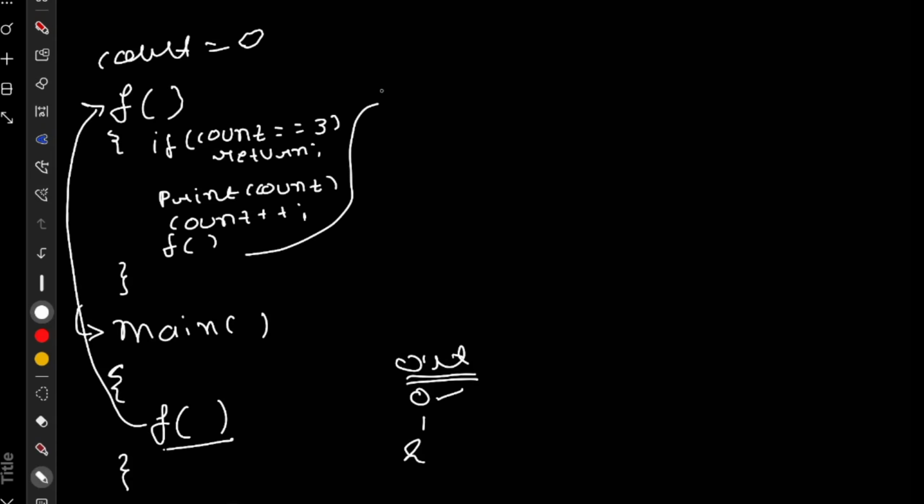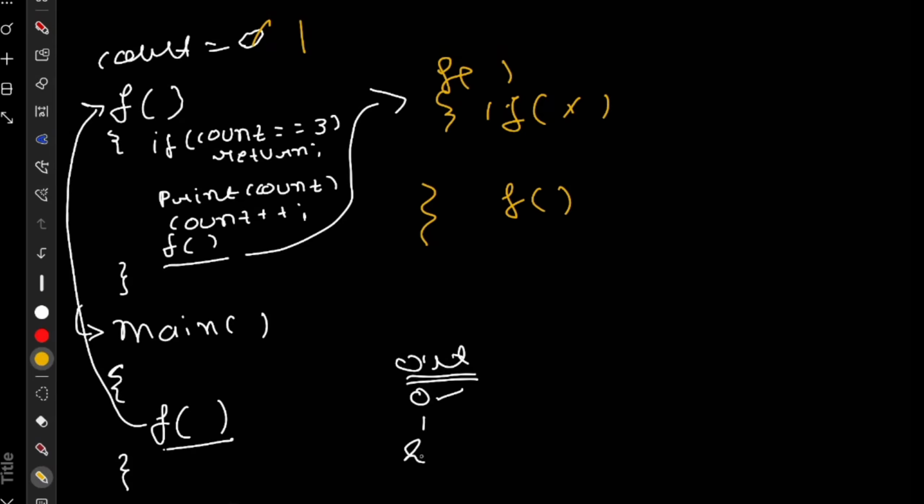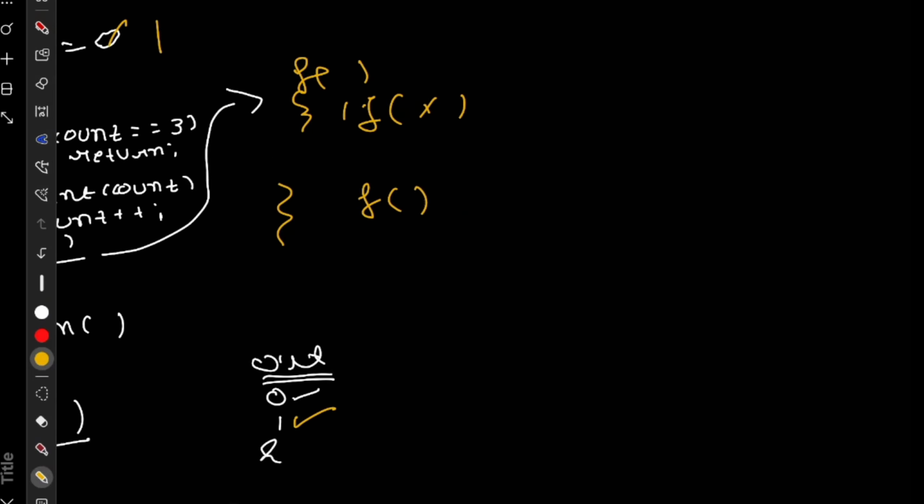When the compiler comes to this line, this function is called again and the same line of code will be executed again. Means f, here the if condition is false, count becomes 1. Again this function is called, in output we see 1.